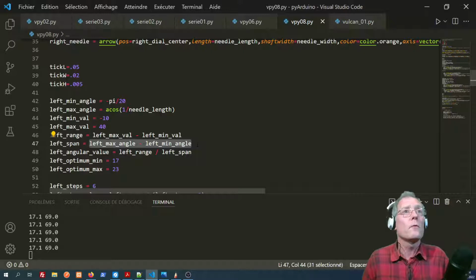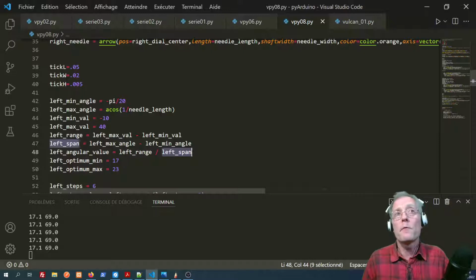And with two values, with the physical values here and the span, I can compute here what I call the left angular value. Left angular value will be the left range over the left span.